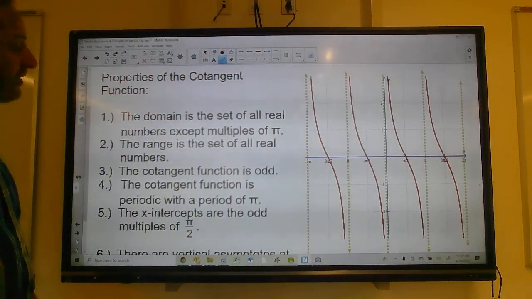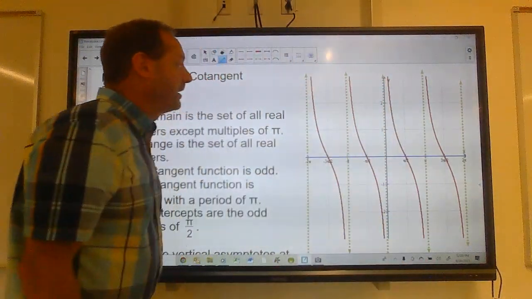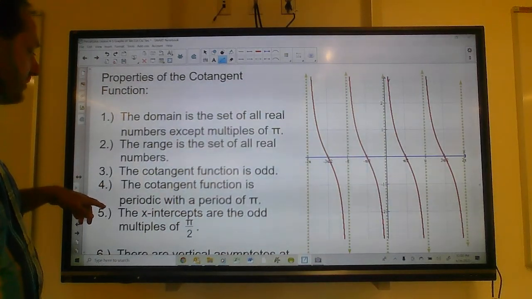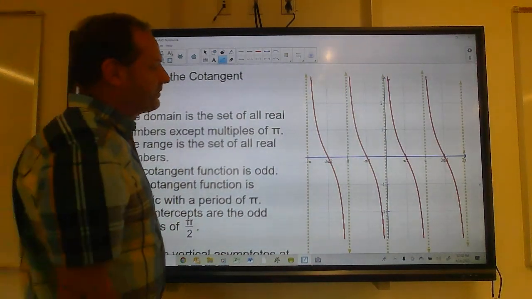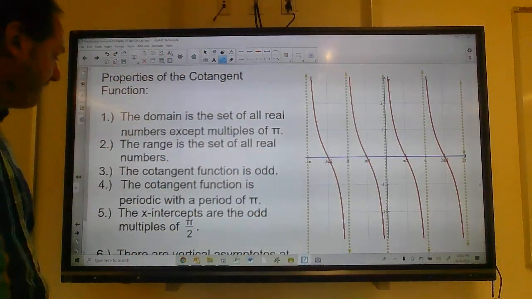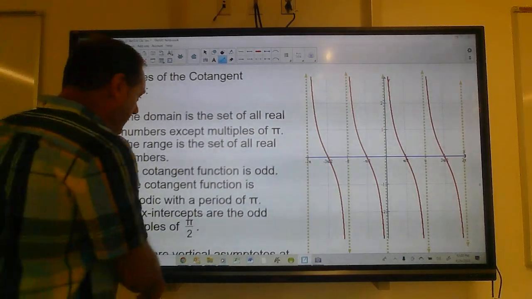The range is the set of all real numbers again, because it goes from infinity to negative infinity. The cotangent function is odd. So again, if I rotate this around the origin 180 degrees, I get the same exact graph. It's periodic with a period of pi.